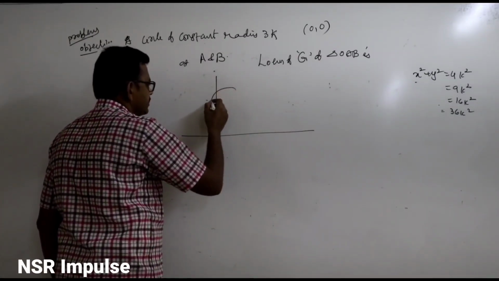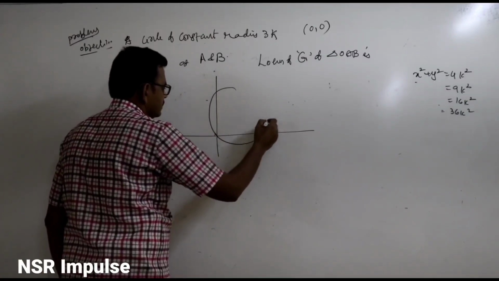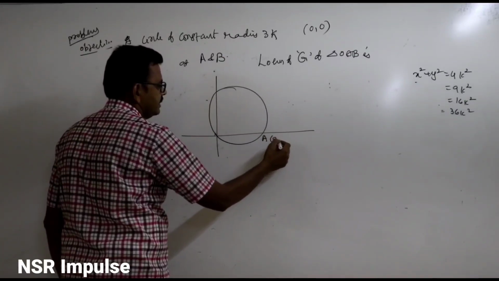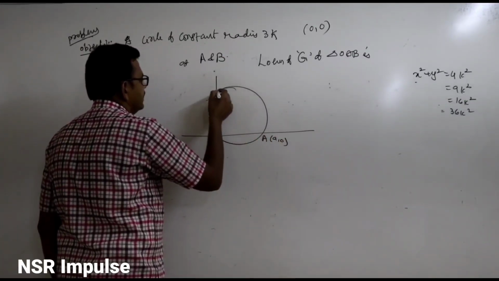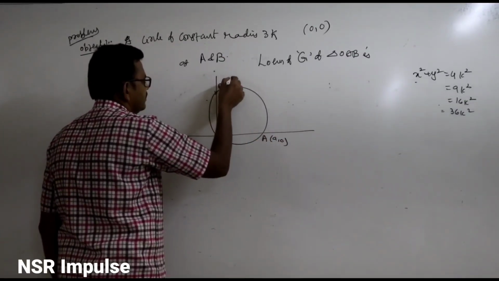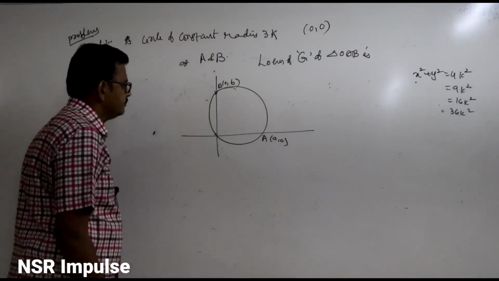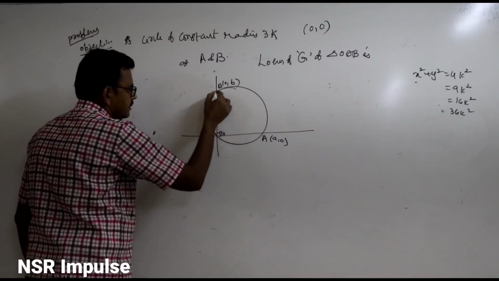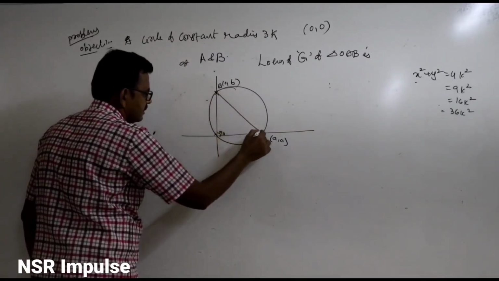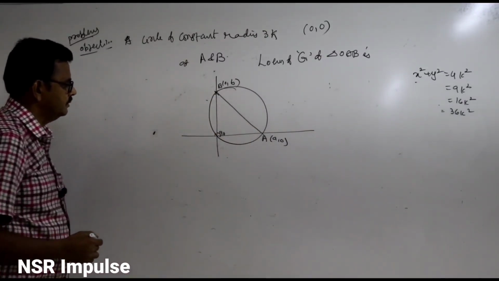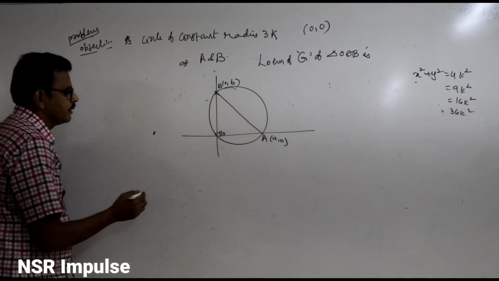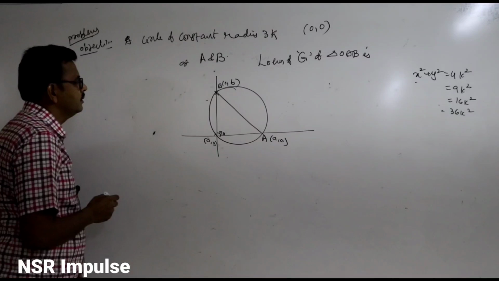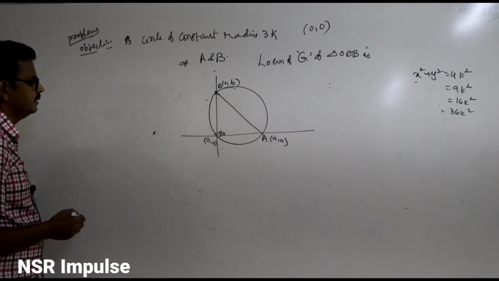The circle passes through origin, cuts the coordinate axis, the point is, let it be A, 0, and the point is 0, B. Here angle is 90 degrees. So this is the triangle. Angle in a semicircle is a right angle.